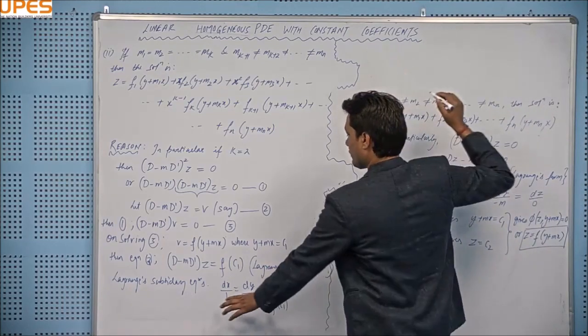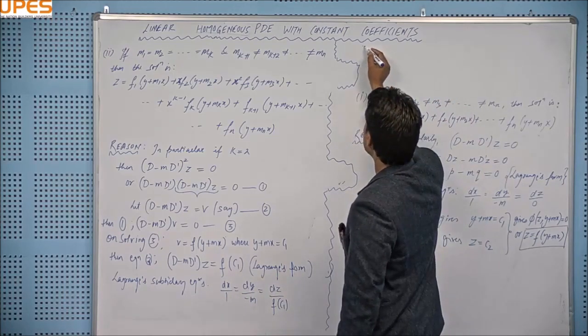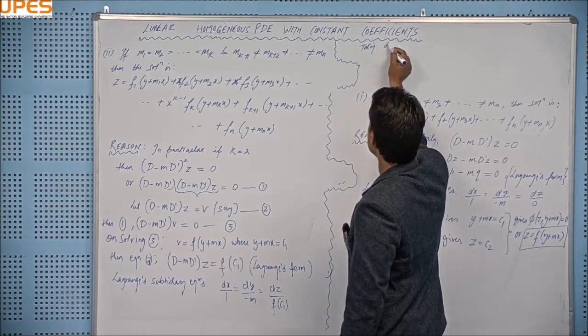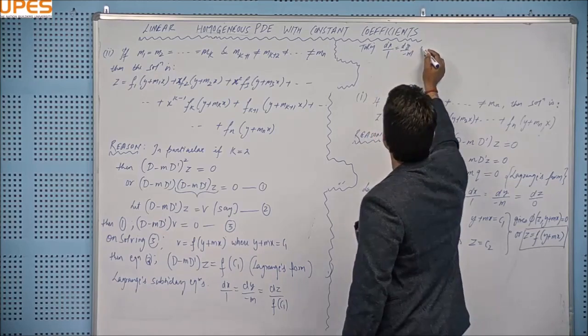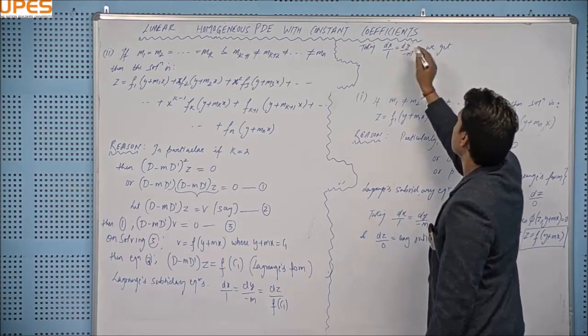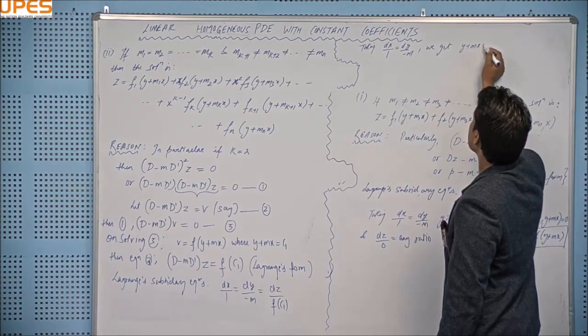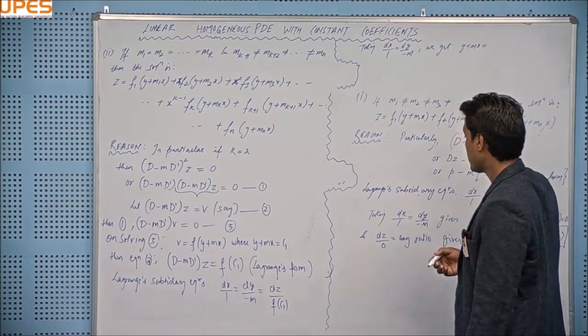Then on solving, let me take the first two ratios, that is dx over 1 equal to dy over −m. Cross multiply, integrate, and I will get y + mx equal to some constant, and this time let the constant be c2.